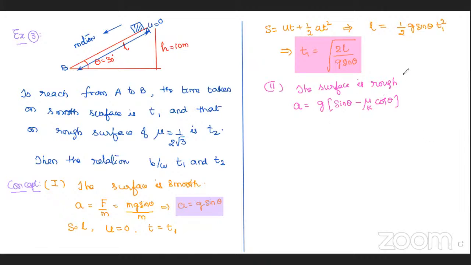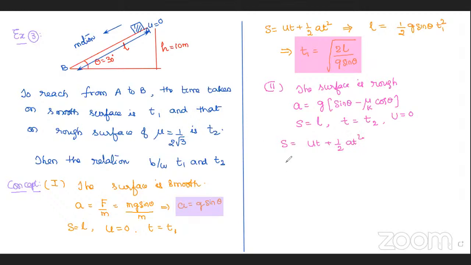Acceleration on a rough inclined surface. This one I already gave. Even on the rough surface, the distance A to B is L, but the time taken is T2, started again from rest, u equals 0. Same thing again, s equals ut plus half at square.